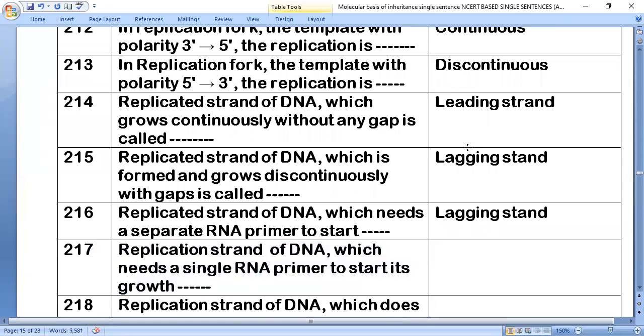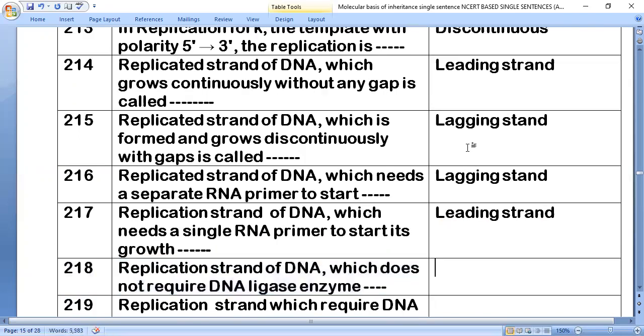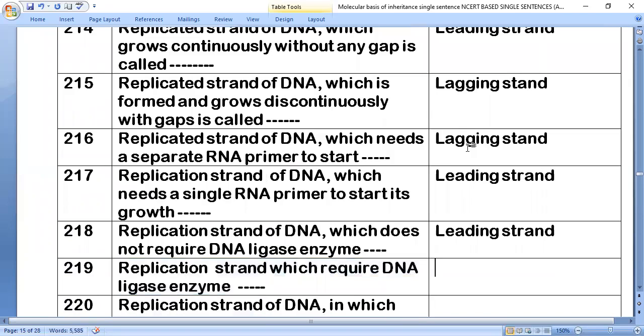The strand which needs a single RNA primer to start its growth is the leading strand. The strand which does not require DNA ligase is the leading strand. The strand which requires DNA ligase is the lagging strand.